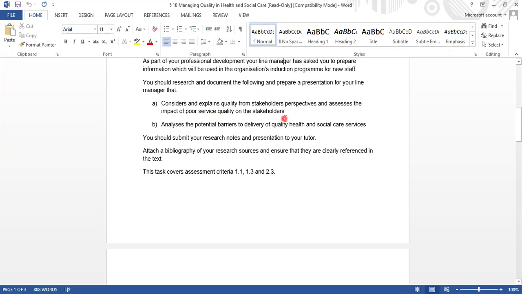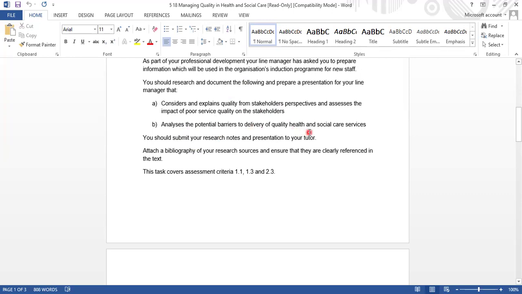So obviously the external stakeholders, when you're considering service users, you have their feedback also. So if you have poor quality service, your stakeholders will not be giving very good feedback, obviously.